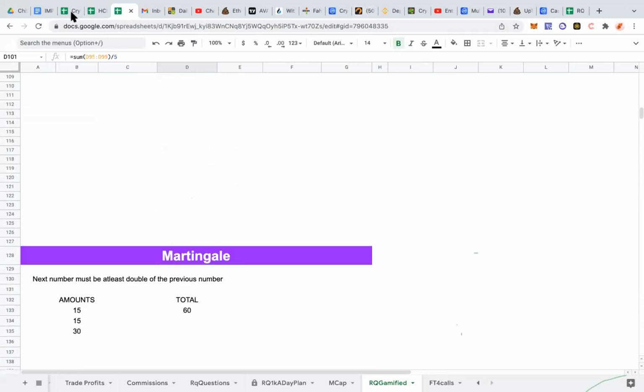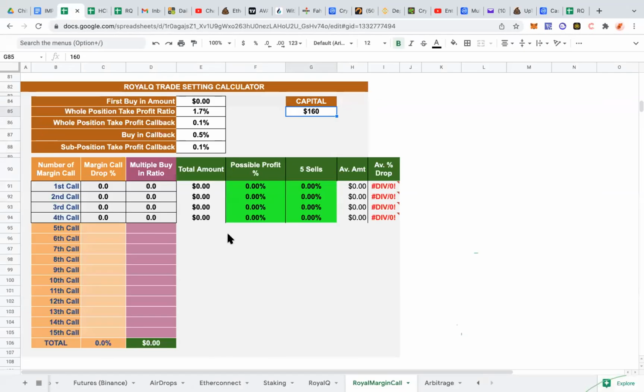So let me go to my spreadsheet and quickly demonstrate this. And then I'm gonna show you the setting I'm proposing. All right. So in this case, first buy amount $15. If first buy amount is $15, you want to have like 4 calls, right? 4 calls.